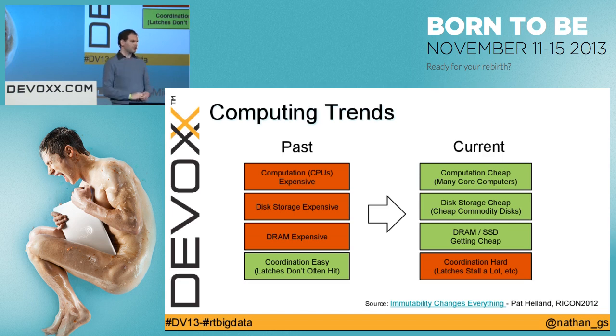We have multi-core CPUs, as well as something like the Amazon or Azure clouds, where you can easily get a lot of CPUs and compute nodes for not that much money. Disk storage has become really cheap. You can get a 4 terabyte hard drive for under 80 euros. Memory is becoming cheaper and cheaper, especially if you view an SSD drive as an extension to your memory. But coordination has become a lot harder.